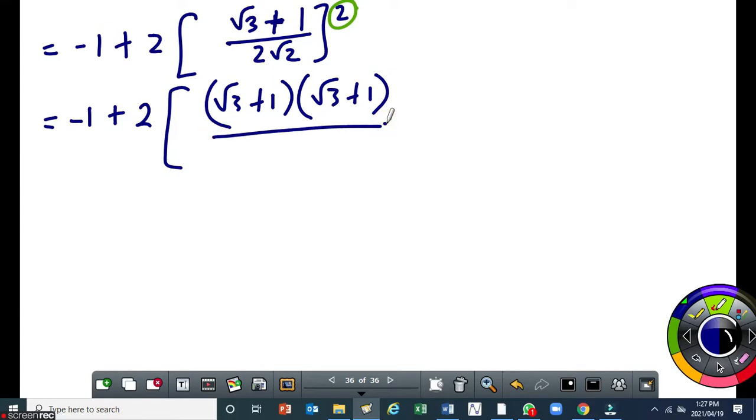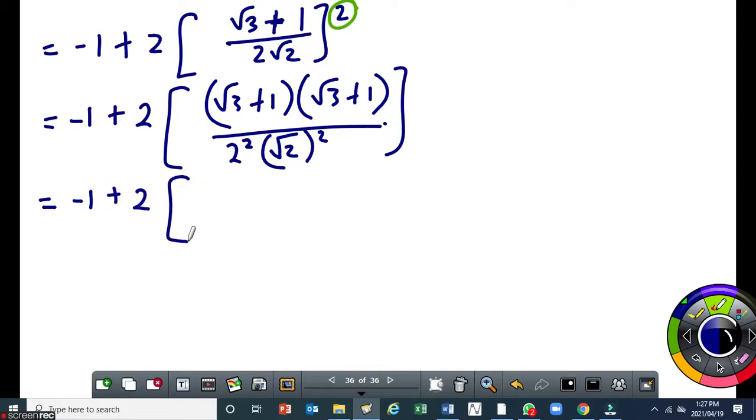Now if I distribute that 2 squared will give me a 4, root 2 times root 2 give me a 2. So I can write that as 2 squared times square root of 2 all squared, like that. No calculator. Alright? Then this becomes minus 1 plus 2.